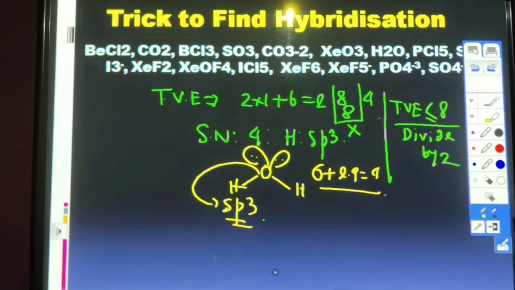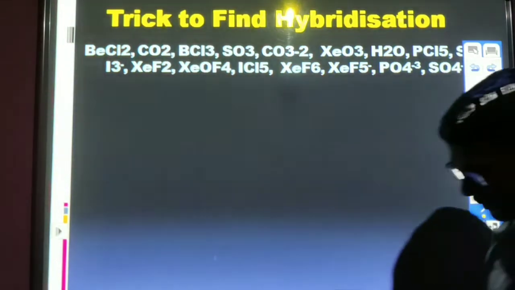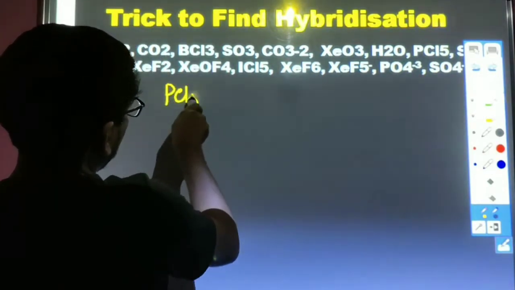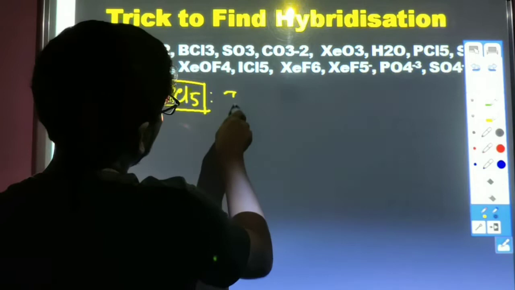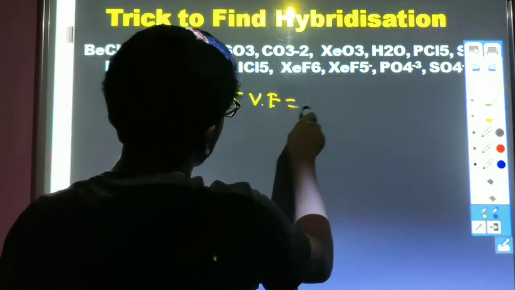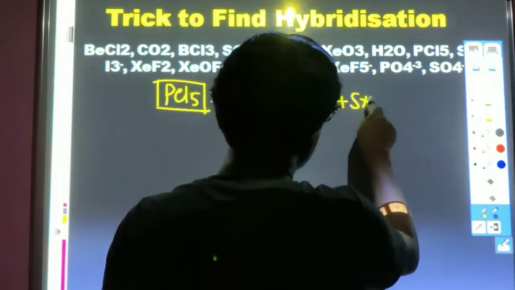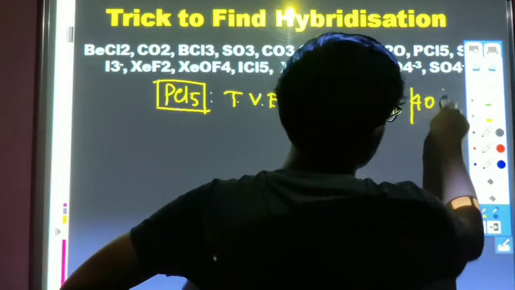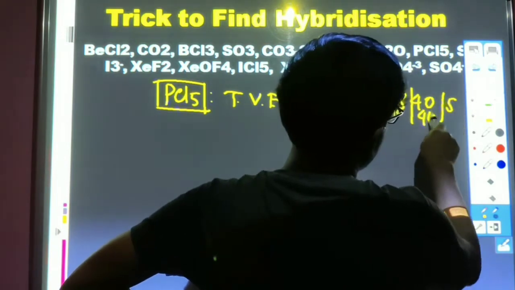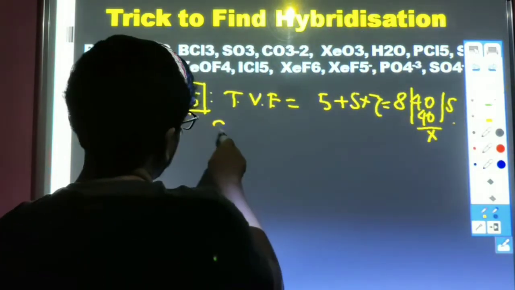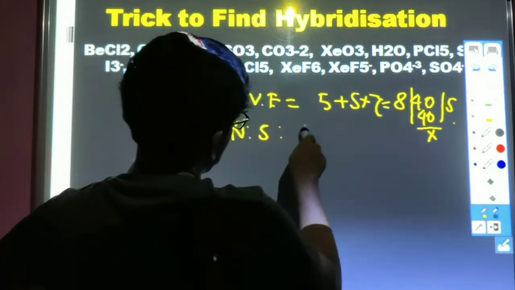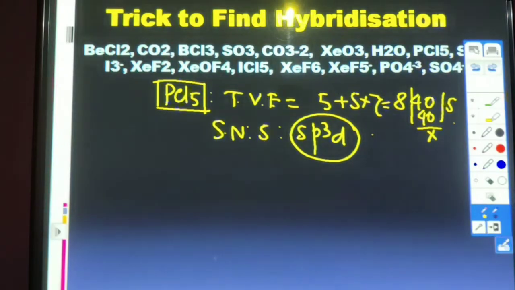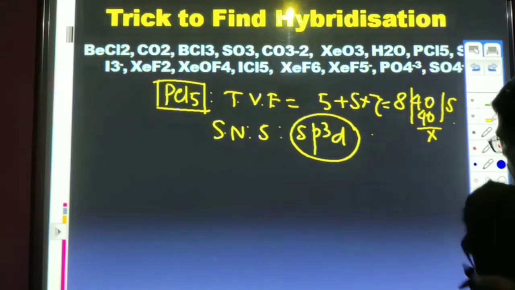Next, PCl5. For PCl5, total valence electron 5 plus 5 multiplied by 7 is equal to 40. 8 5s are 40. So steric number 5. So hybridization will be sp3d. What will be the structure?